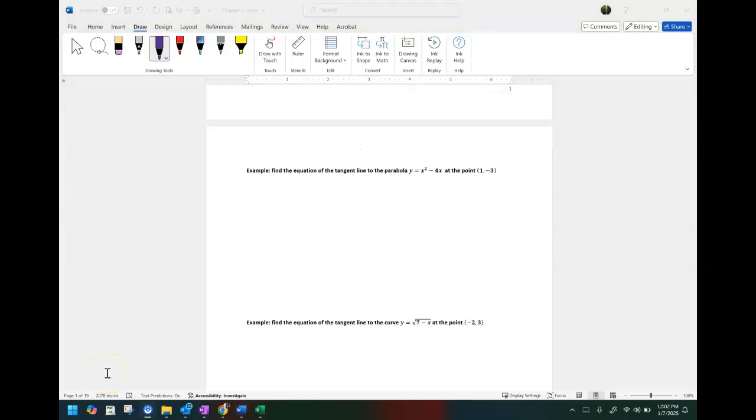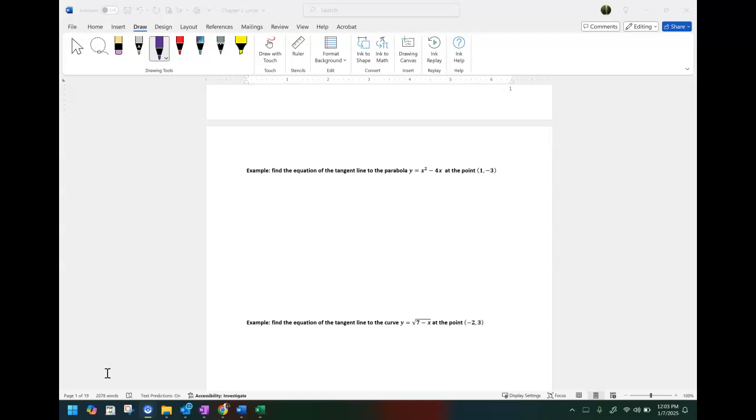Find the equation of the tangent line to the parabola y equals x squared minus 4x at the point (1, negative 3). We will estimate the slope of the tangent line based on the slope of the secant line.